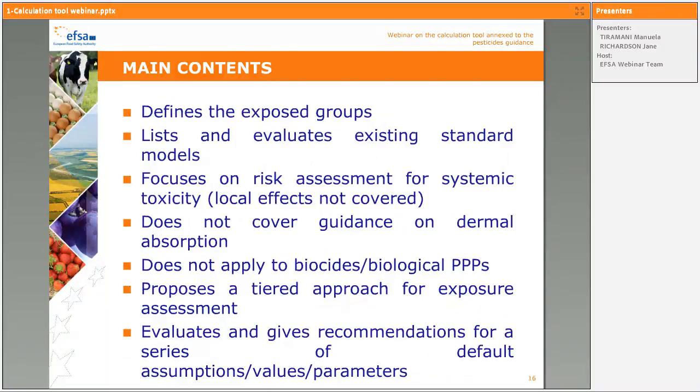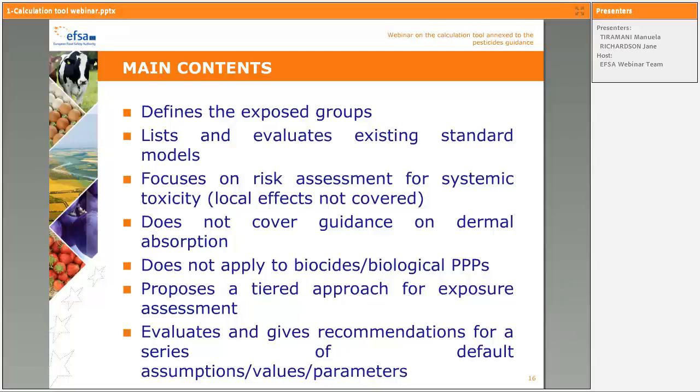The guidance defines the exposed groups, exposed not via food, but via dermal or inhalation routes, and also lists and evaluates all the existing standard models at the time it was prepared. The focus of the guidance and the results you will find in the calculator are only related to systemic toxicity, so local effects are not covered.